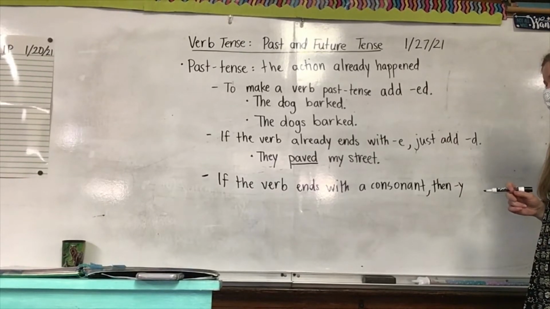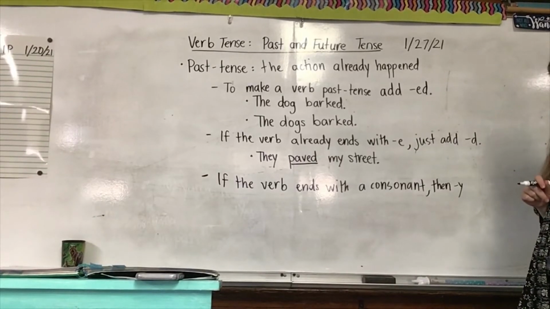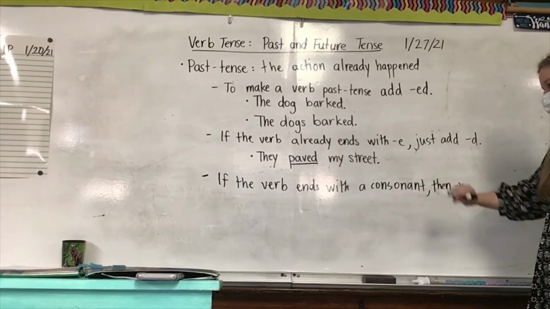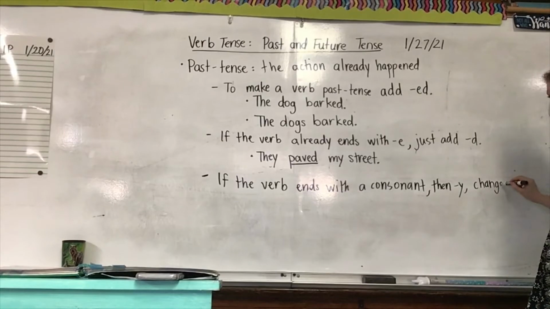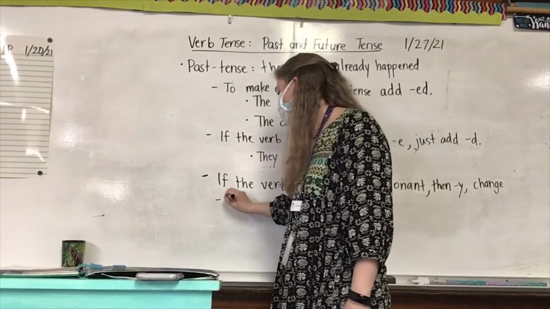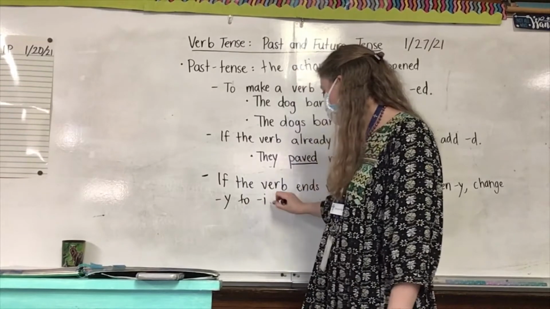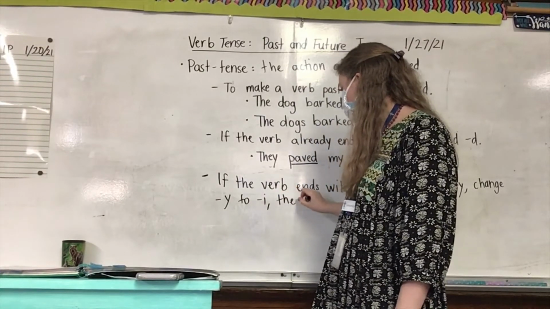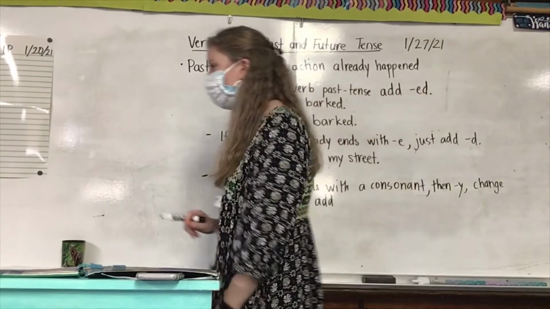You're on the right track. And now people are automatically going to know the answer because you already gave them most of it. If a verb ends with a consonant then Y, change Y to an I, then add not ES, that would make it plural.